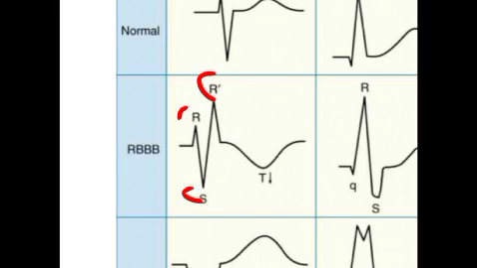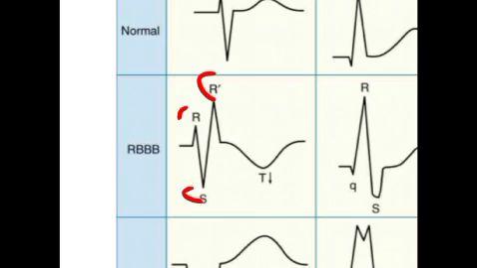And if you look at V6, we have a small q and then R and S, with a qRS here, and it is because the current now goes towards V6 in the left. First it goes to the left because the right is blocked, so it chooses the left bundle branch to activate the left side of the heart, the LV, first.